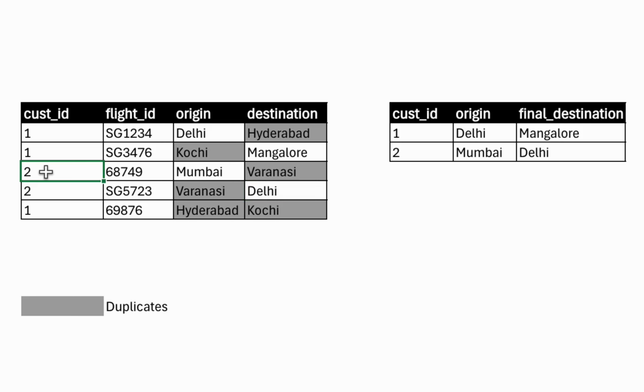So we can say that this customer ID 2 is going from Mumbai to Delhi. So this is our approach. So what we will do in our code is, first we will try to find out the duplicate rows, and then we will remove those duplicate rows, and at the end the rows that are not duplicate will be our origin and destination. So now let's jump into our SAS on demand academy and try to see the solution for this.